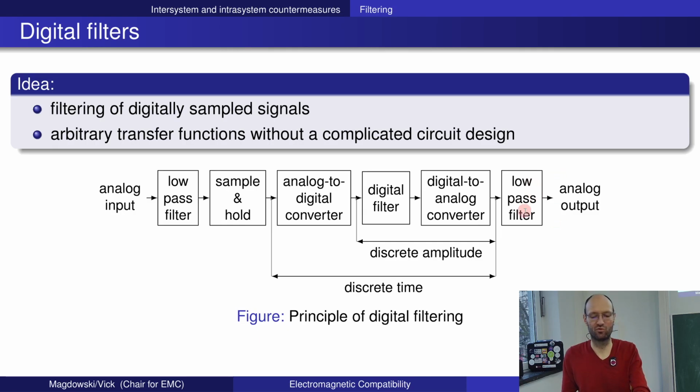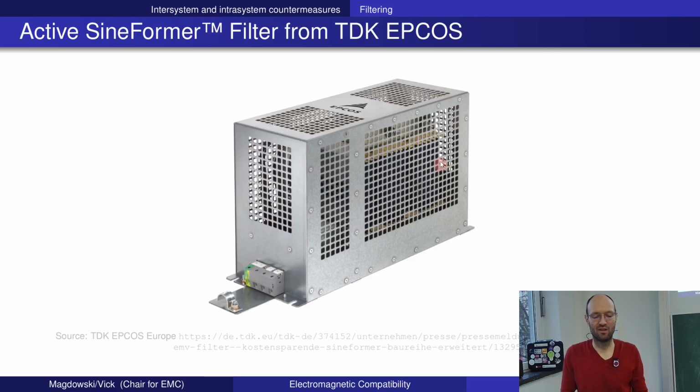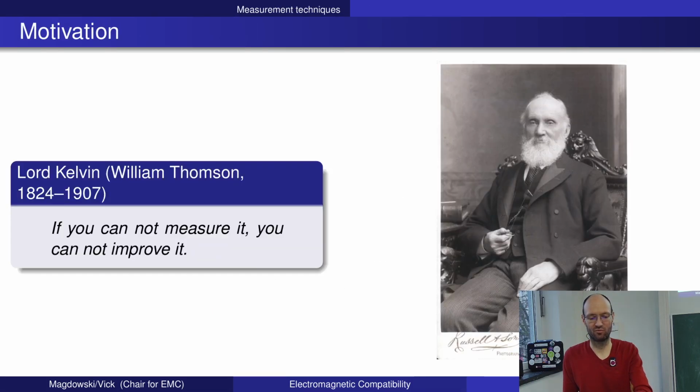To still be able to generate a current, you need some amplifier at the output. But the amplifier at the output, once again, is power electronics. And so one idea is, of course, you could also try to include the behavior of the filter into the power electronic circuits of the motor drive. That would be some idea there.